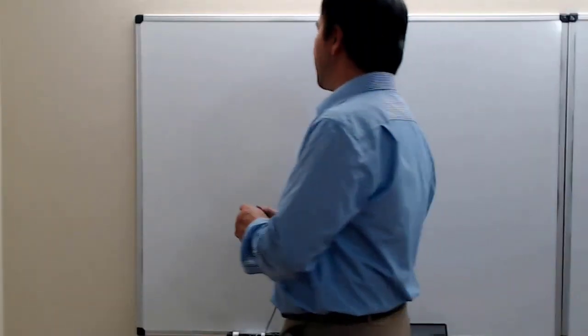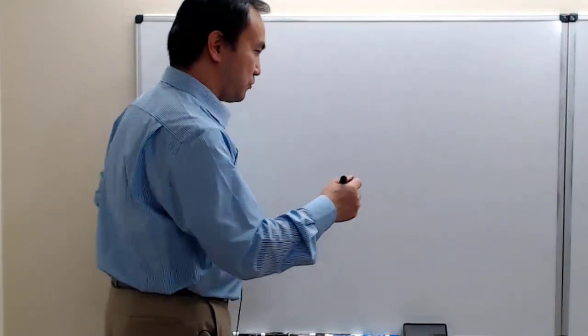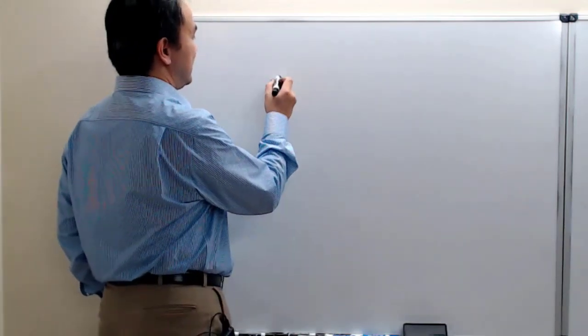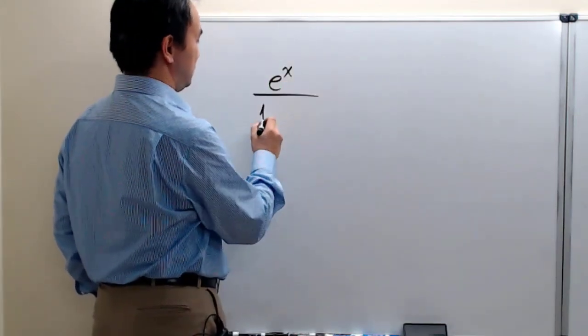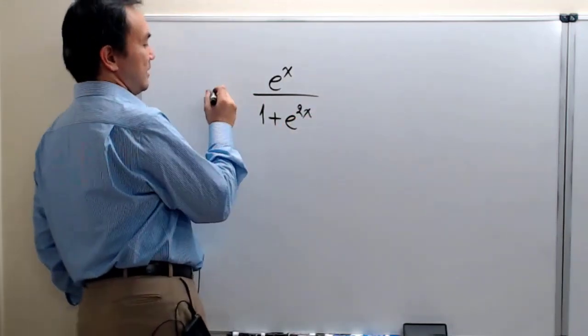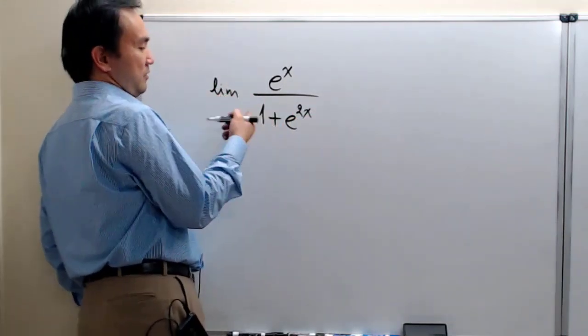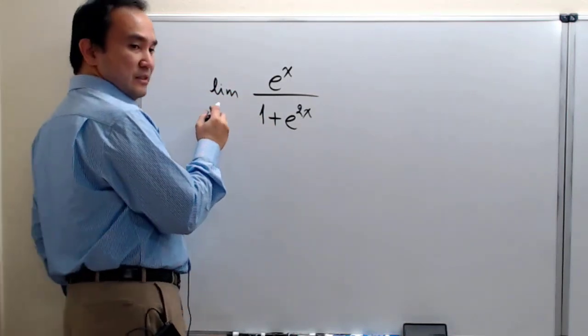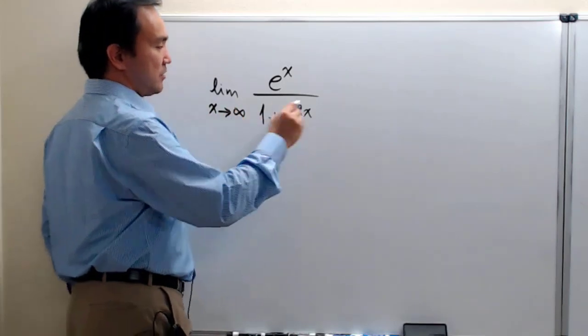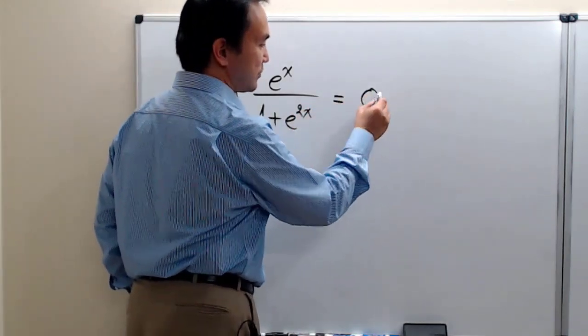We have proven in previous work, throughout example 6, I believe, that for e to the x over 1 plus e to the 2x, as x approaches positive infinity, our answer before was 0.